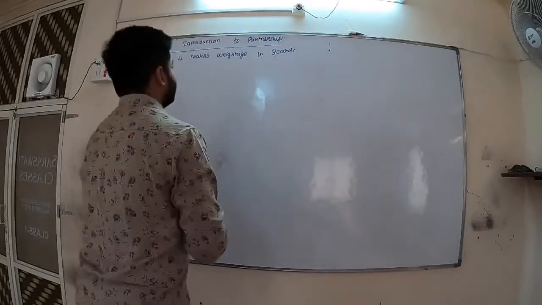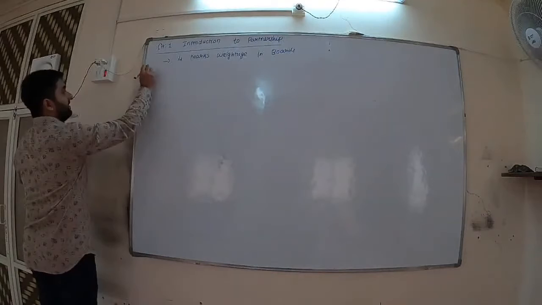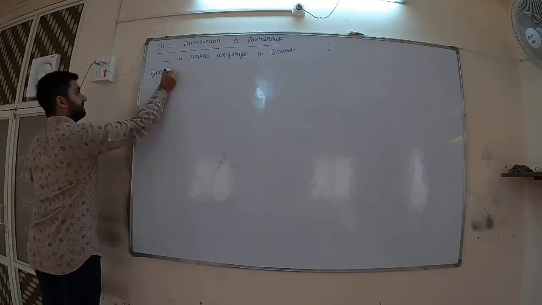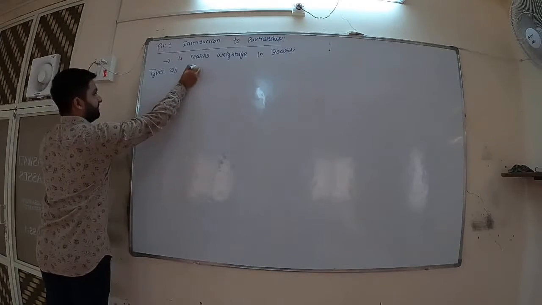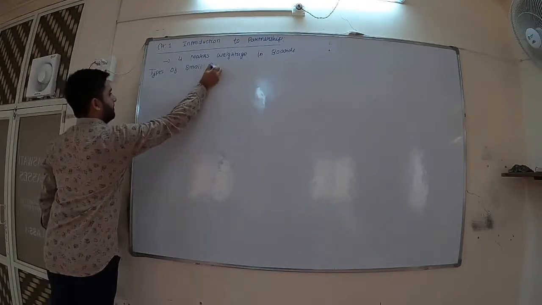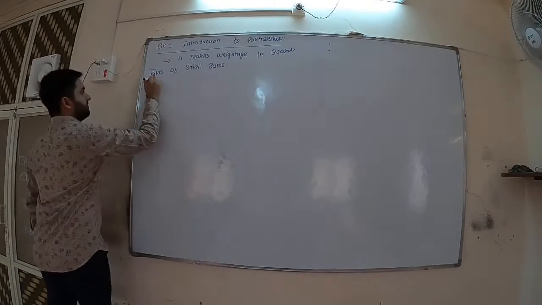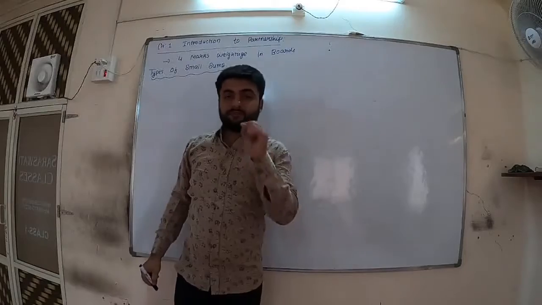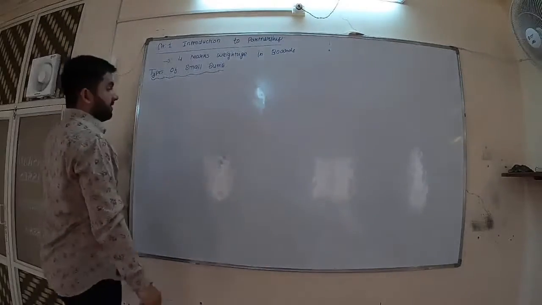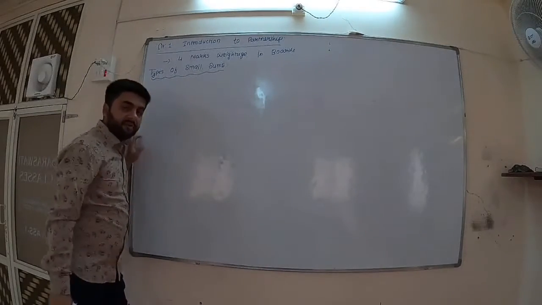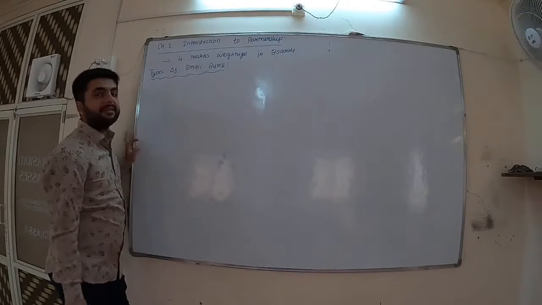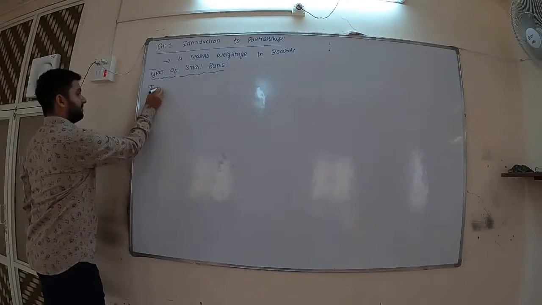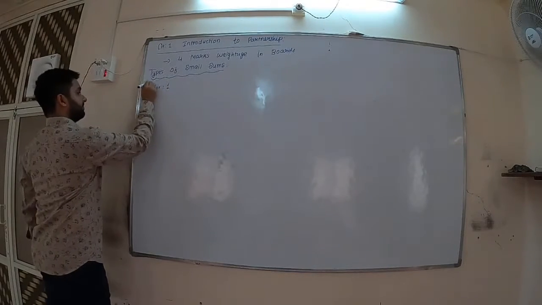Now friends, directly give the heading: Types of small sums. There is one sum for each type along with an illustration also. Now we are going for type 1.